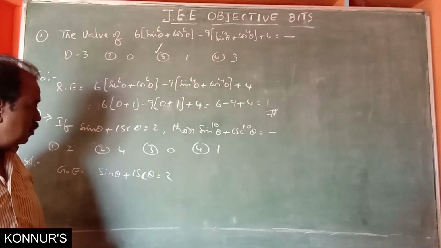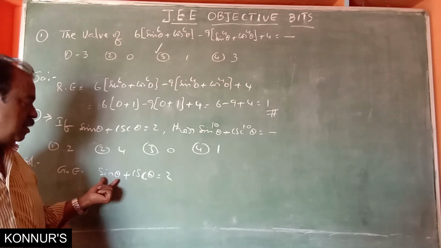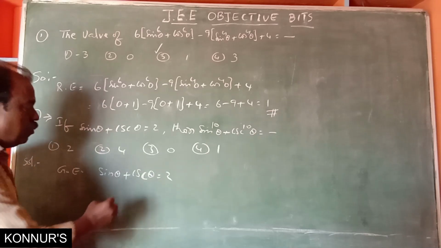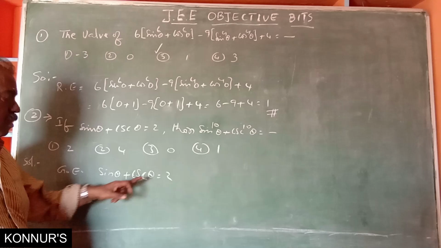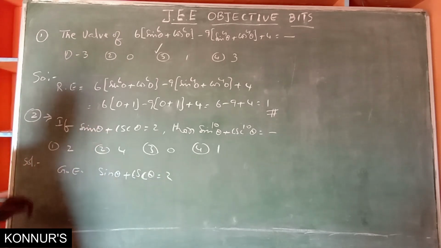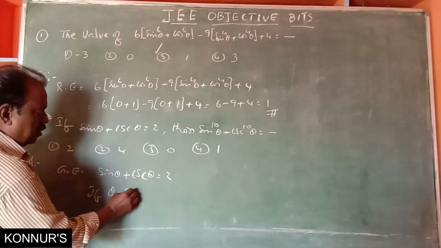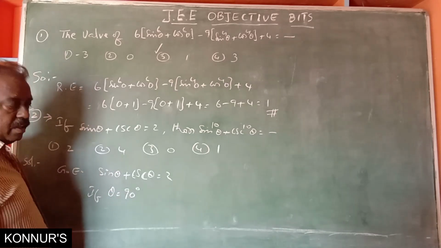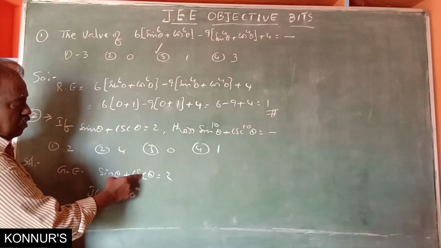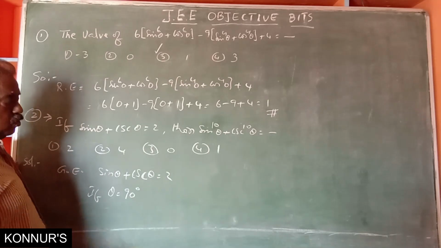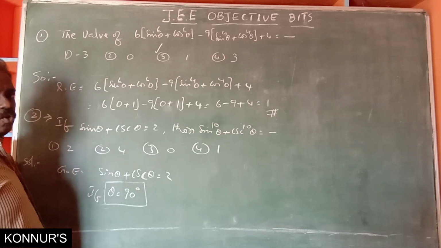In the given equation, sin theta plus cosecant theta is equal to 2. For what value of theta is this 2? Observe me, if theta is equal to 90 degrees, sin 90 is 1, cosecant 90 is 1, 1 plus 1 is 2. So the given equation is satisfied by theta is equal to 90 degrees.